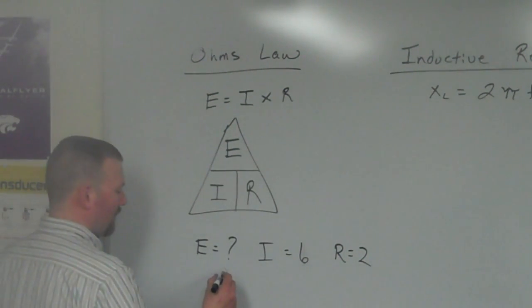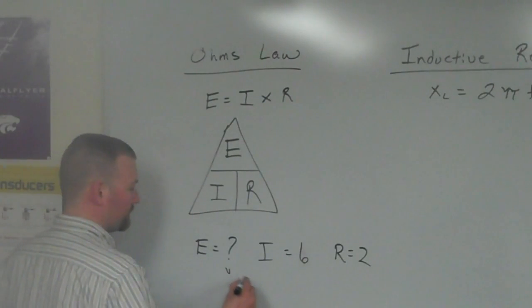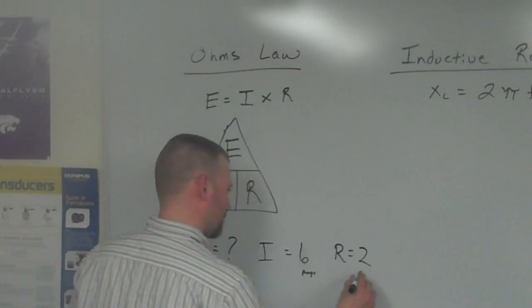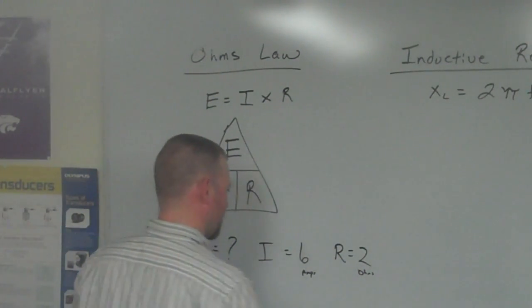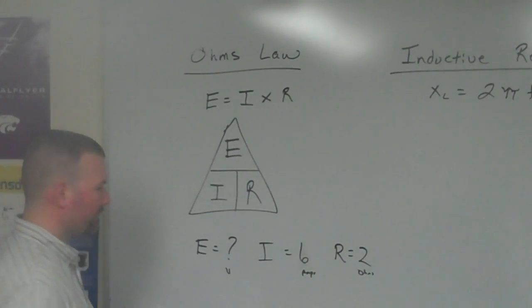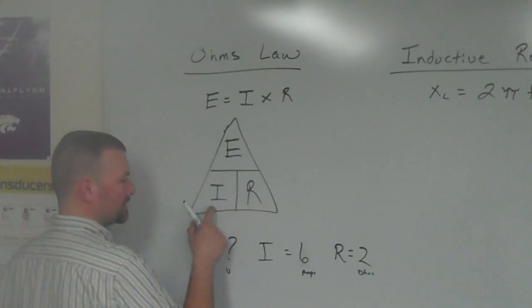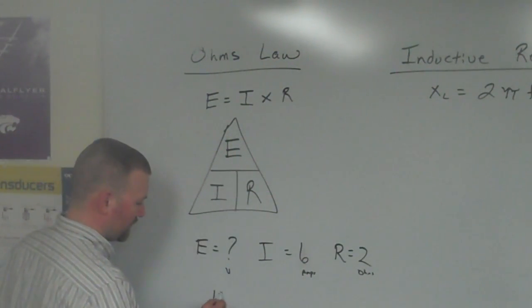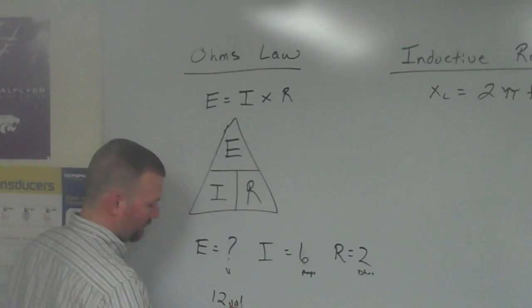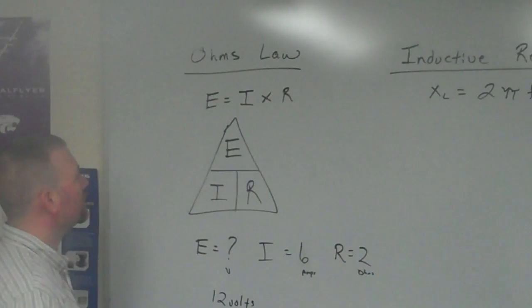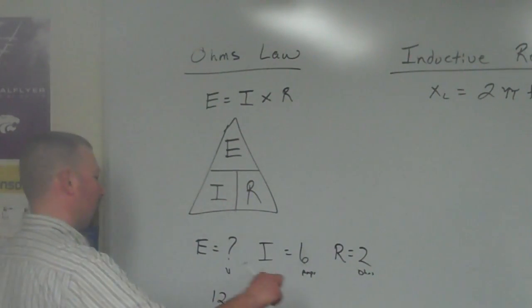Each of these has units, so that's volts, that's amps, and that is ohms. So if we're looking for a volt, we have 6 amps and 2 ohms. It's going to be 6 times 2. Our voltage is going to be 12 volts. Very simple. I don't think there's any question about Ohm's law, and it works in any direction.